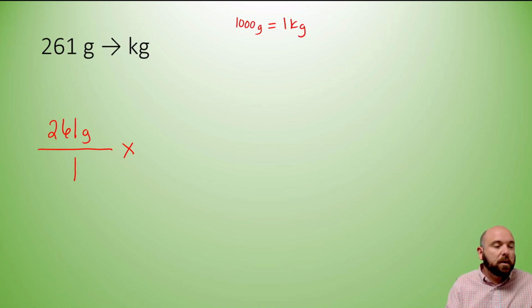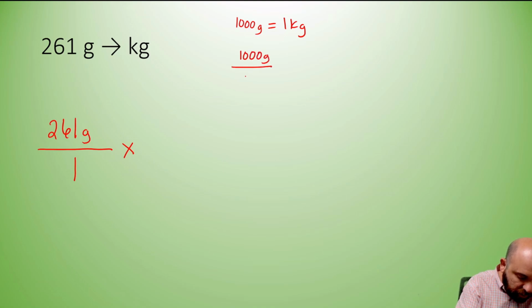And we also talked earlier about how we can use that to set up one of these conversion factors, how we can write that. We can either write that as 1,000 grams per 1 kilogram, or 1 kilogram is 1,000 grams.